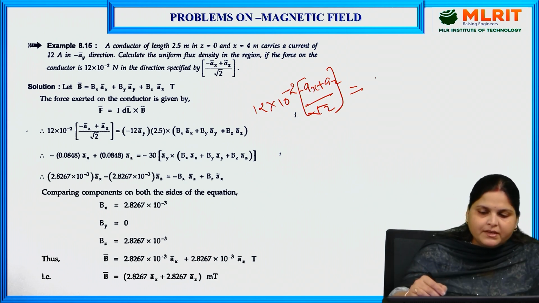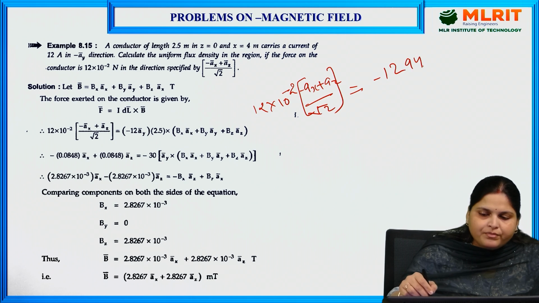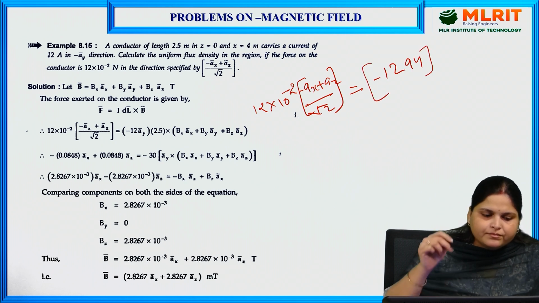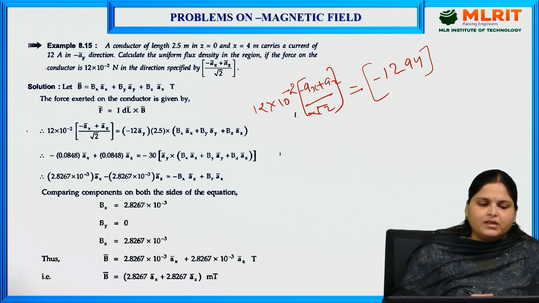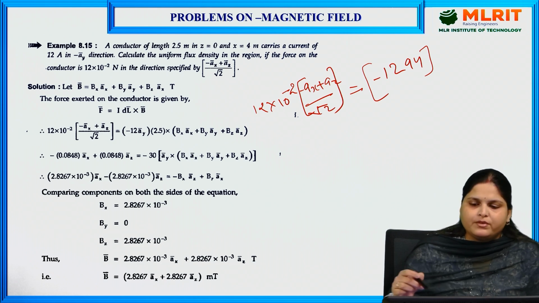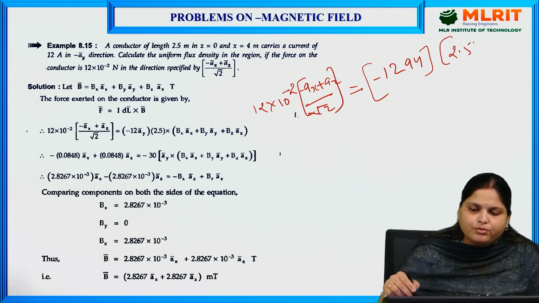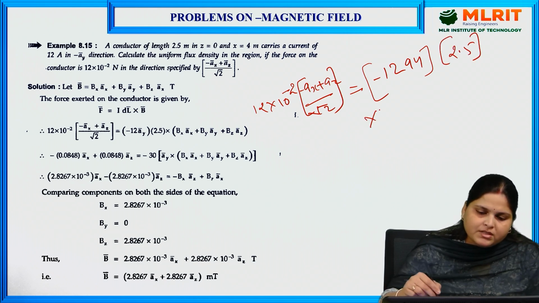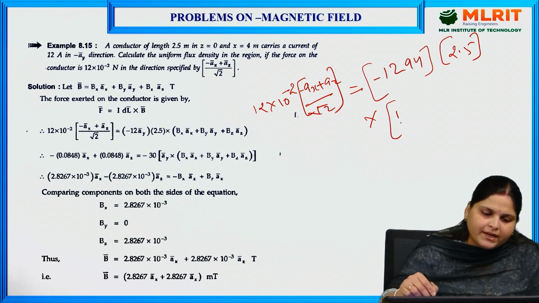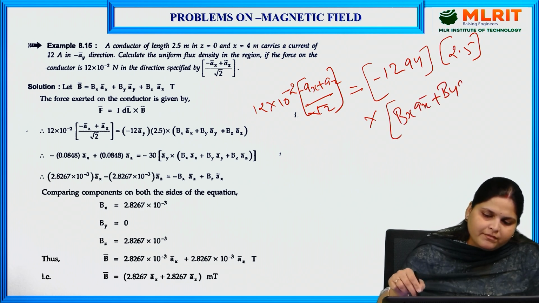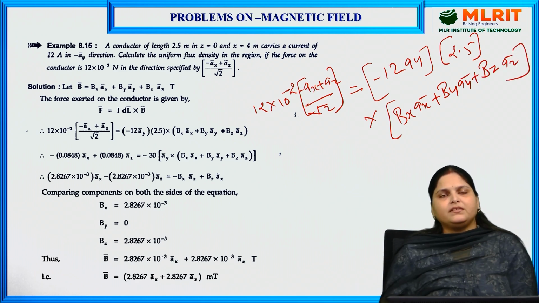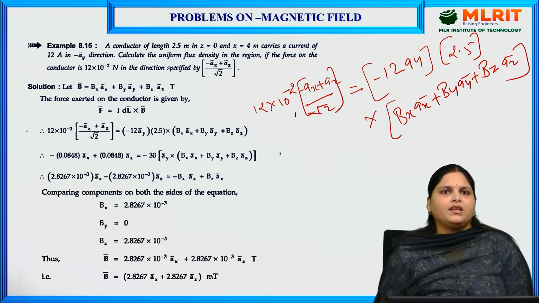So it will be written as minus 12 AY, right? Now dl is 2.5. So we will write 2.5 cross, what we need to write? We need to write BX AX plus BY AY plus BZ AZ, right? That is how we have to write the equation.